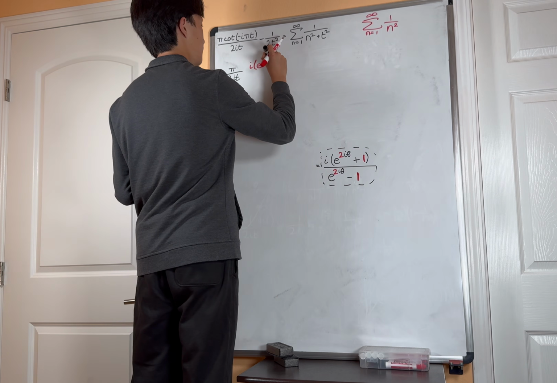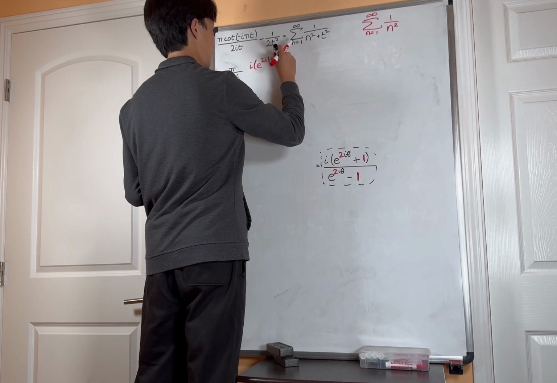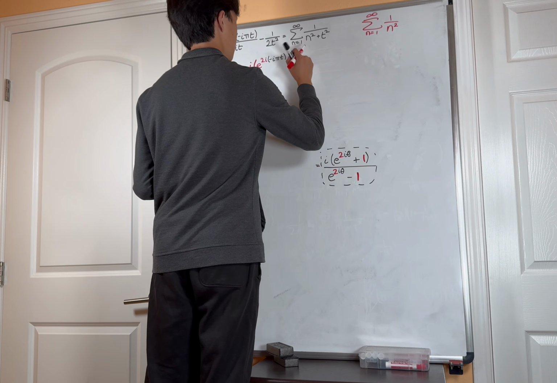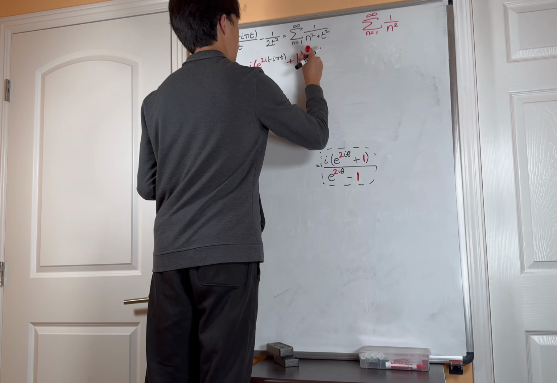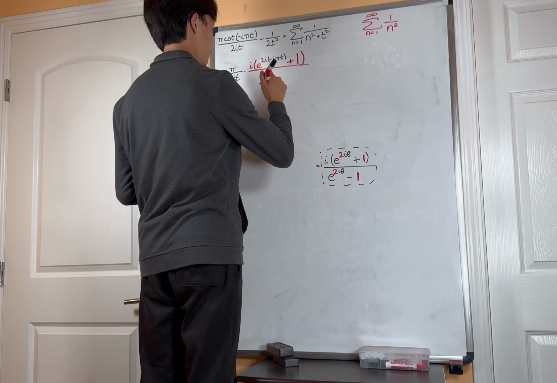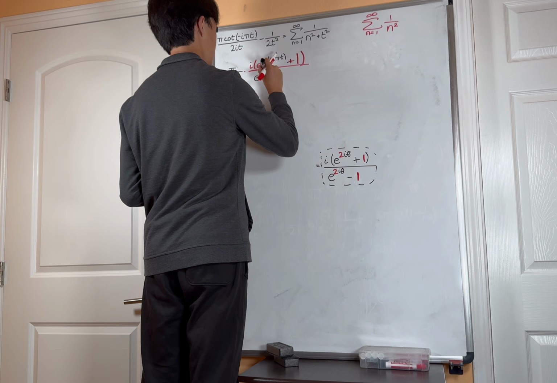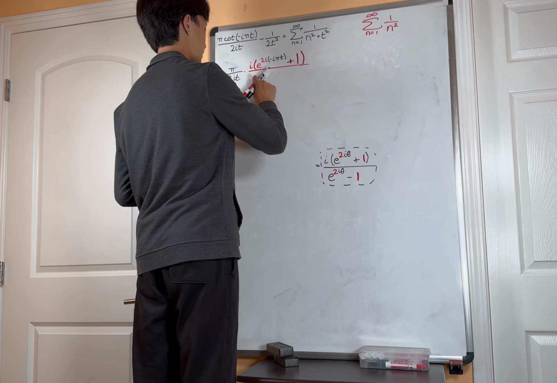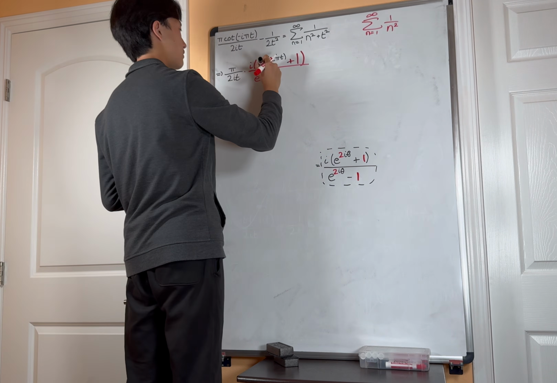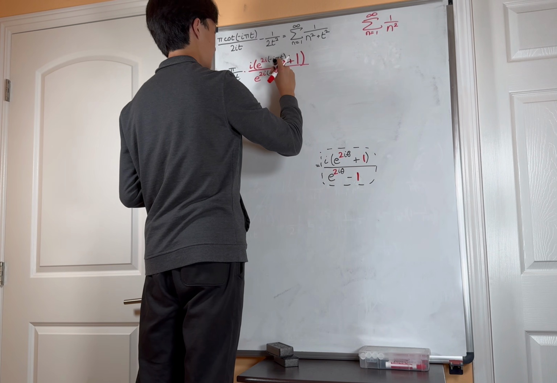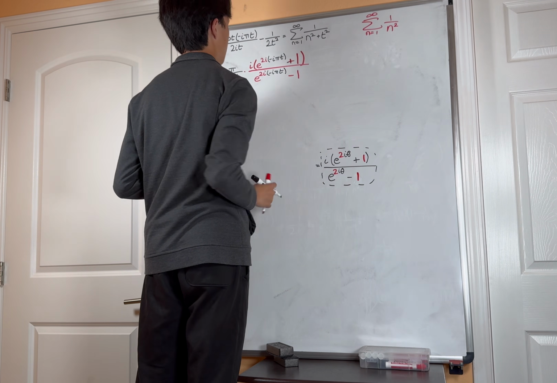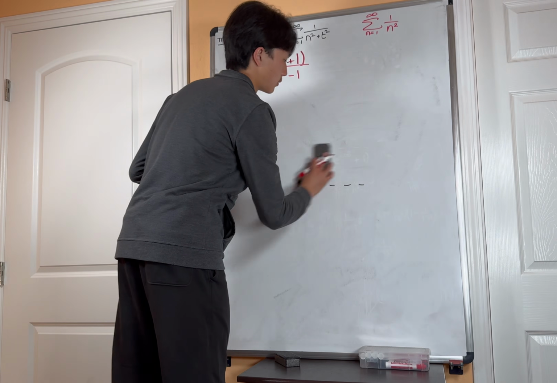So what we really have instead of theta is negative i pi t, plus 1. Sorry, I'm gonna write this in red. Over on the bottom, we just have e to the 2i theta again, and theta is just whatever's on the inside, negative i pi t, minus 1 instead. So we've gone ahead and replaced that.